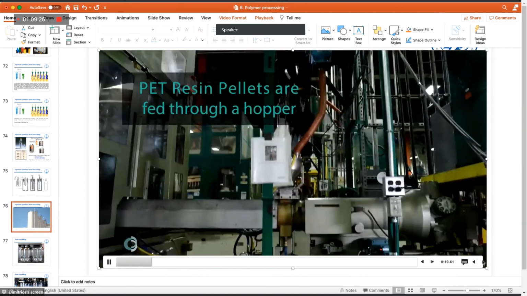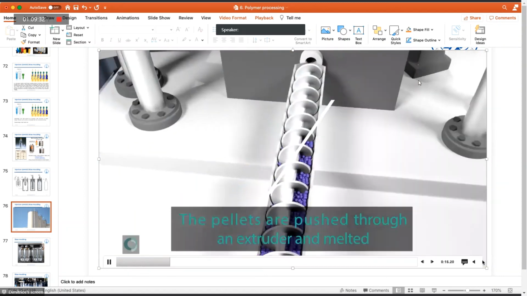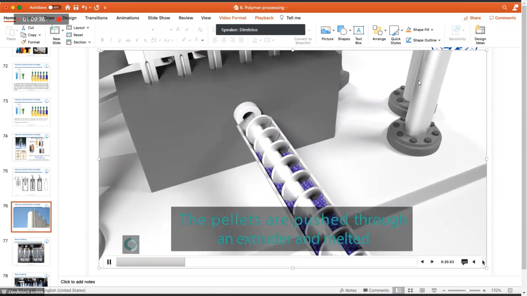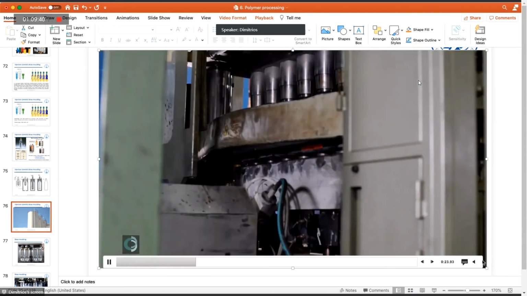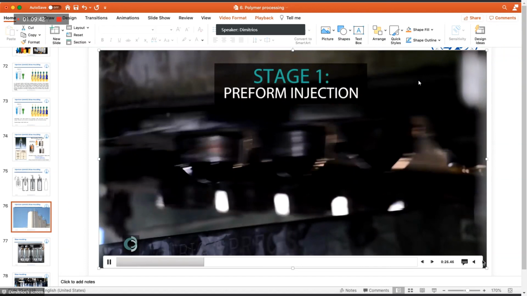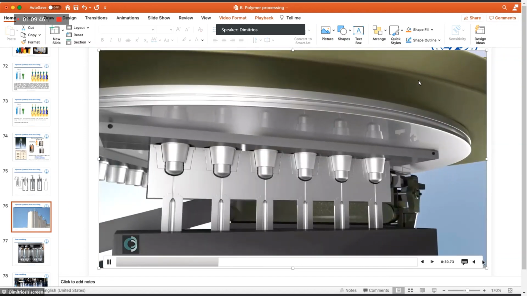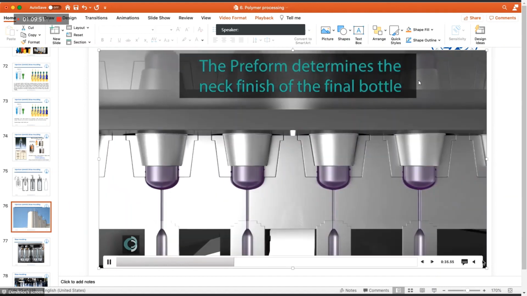So the preforms are created. This is the preform. Use pressurized air and fabricate those containers.